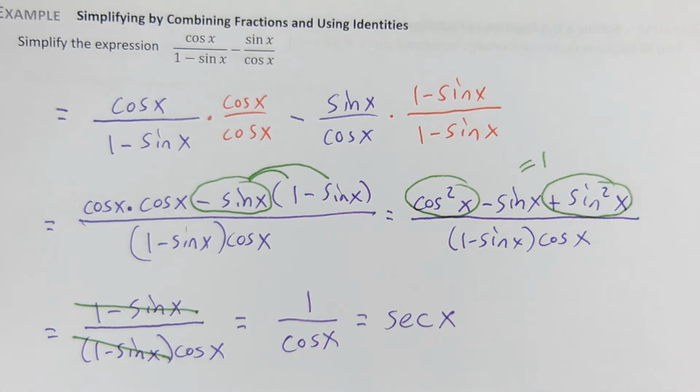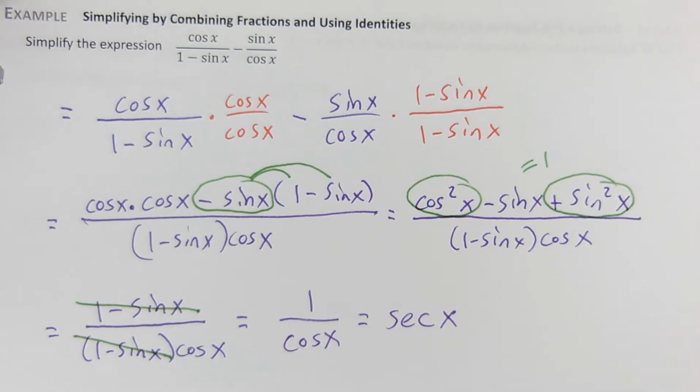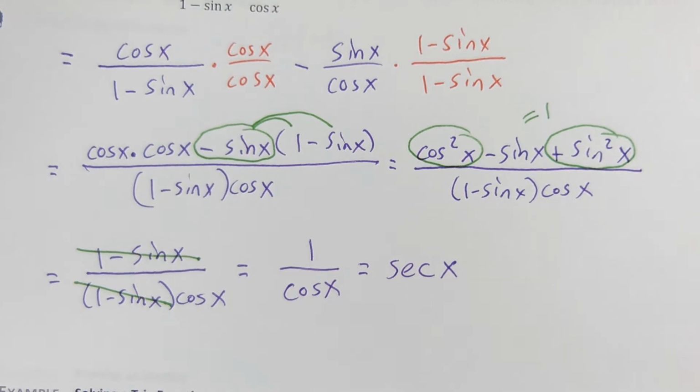Questions for me? What do we got? No questions? Yes, ma'am. A Pythagorean identity? Replace, yeah, so let's just say I see a tangent squared x plus 1. That's equal to secant squared x. Now, do we always replace? No, you would only do it if it's going to benefit you. You only do it if it's going to help you get closer to your goal.